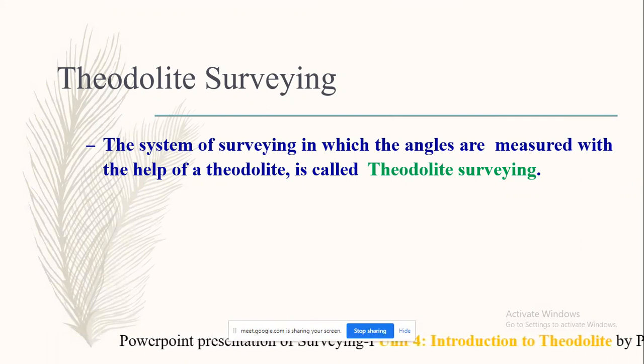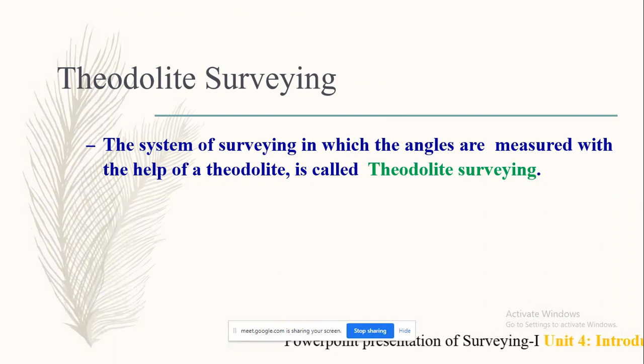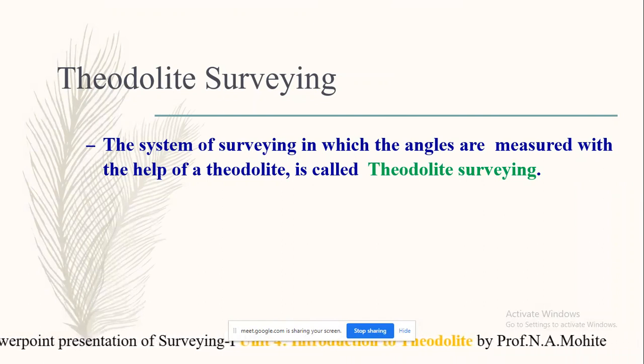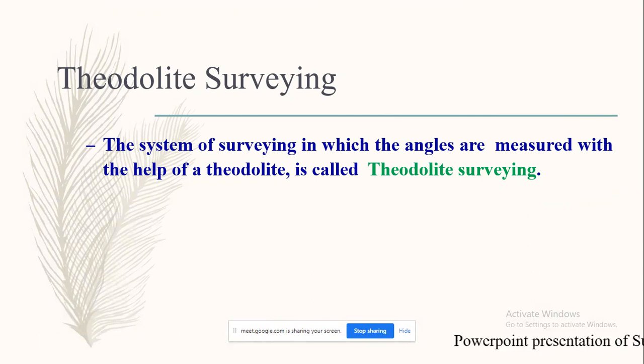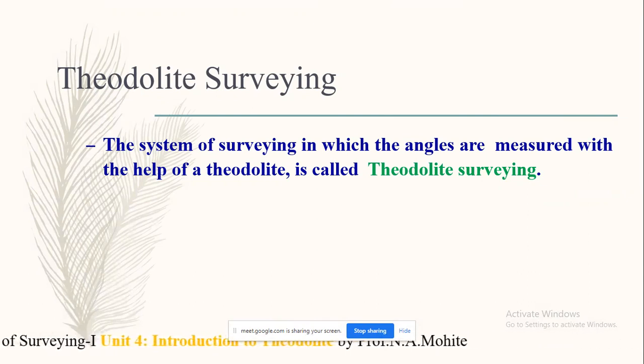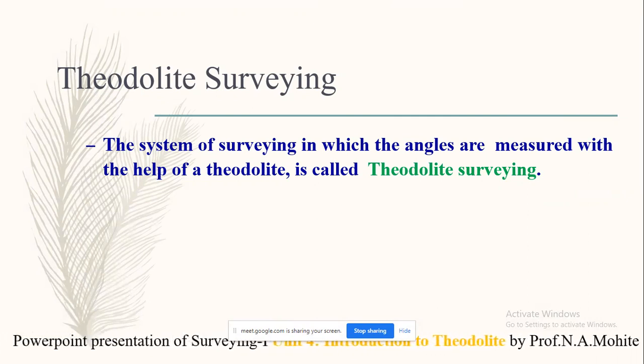So instead of many instruments like chain, tape, prismatic compass, surveyor compass, dumpy level, auto level, directly you can deal with a single instrument, that is theodolite, whether you are dealing with the horizontal plane or the vertical plane. Simultaneously, you can deal with the horizontal and vertical plane, whether the point is at an elevation or at a depression. Such a survey which is carried out by making use of the theodolite is called theodolite surveying.